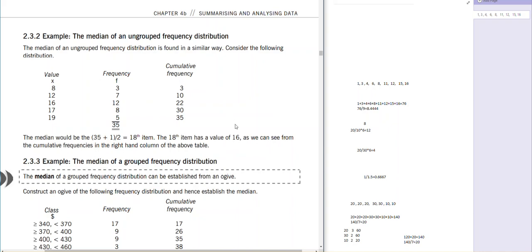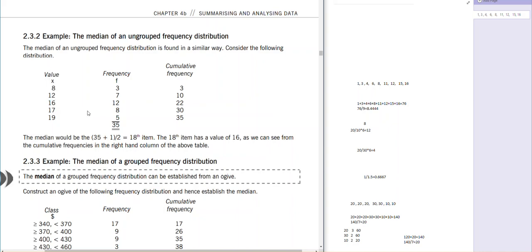Okay, how do we find the center point when we have group data, which is given in frequencies? Like we have 8, 12, 16, 17, 19.